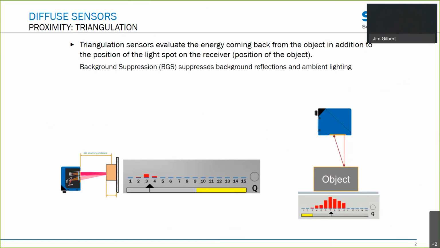There are also some algorithms that are tied in, and they can suppress backgrounds such as reflections, or maybe shiny objects in the background, including ambient lighting. That is really how you're able to resolve an object versus its background: it can detect the difference between the object and the background, and that's how triangulation works.